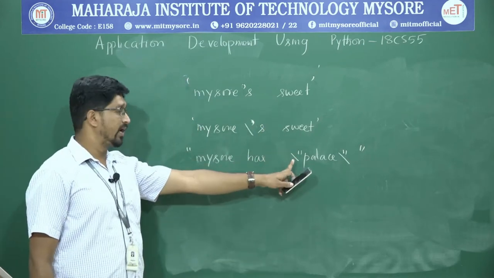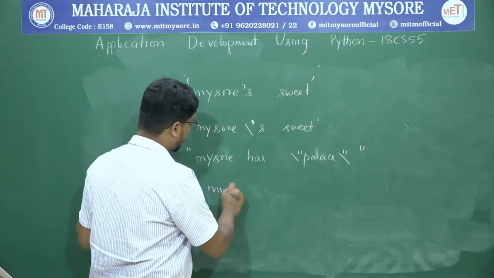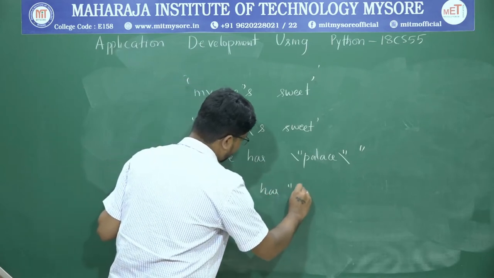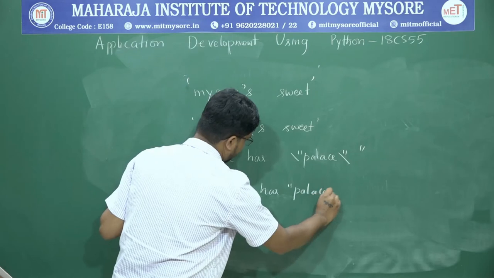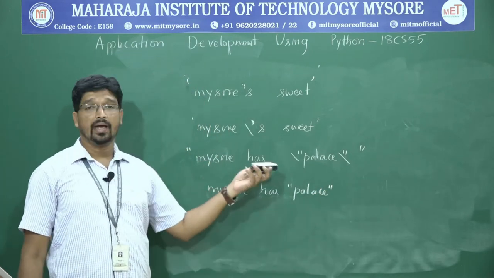Mysore has palace, where I want to print a double quote, then your output would be Mysore has palace with the quotes. So this is how you use an escape sequence.